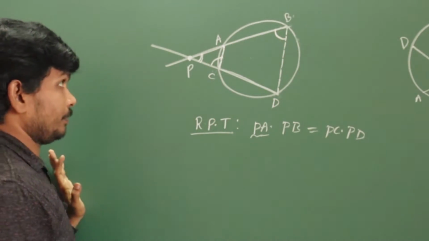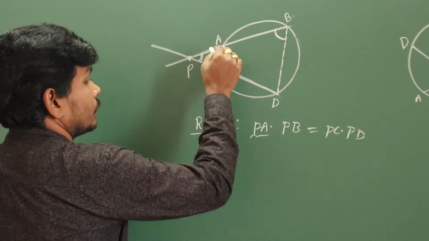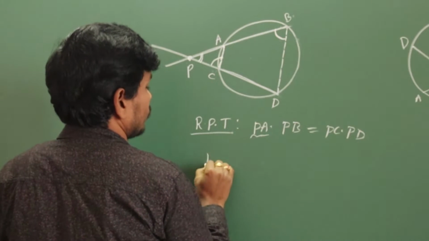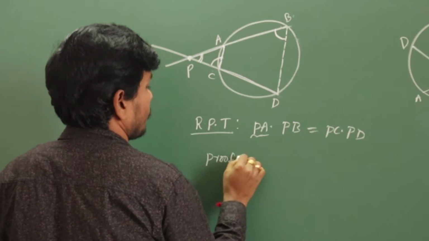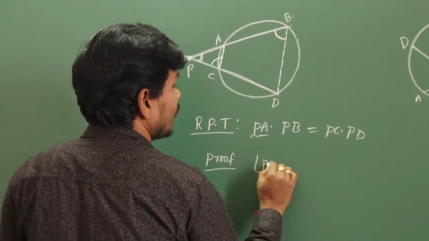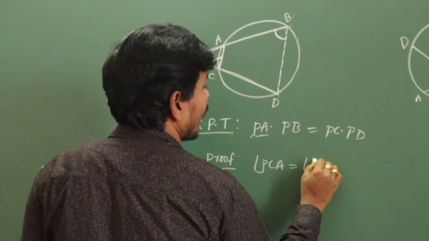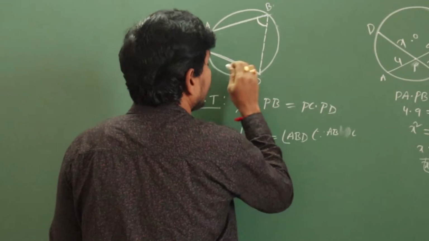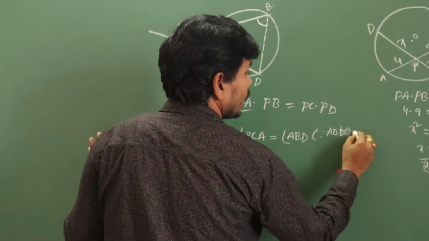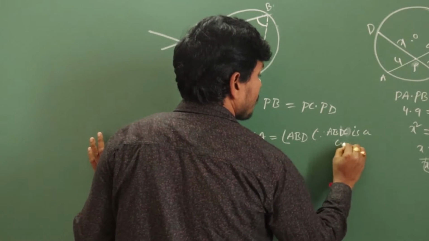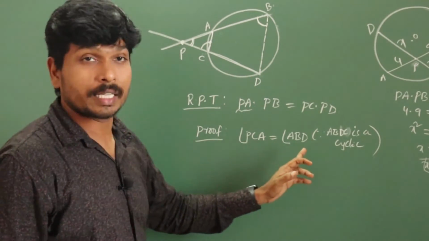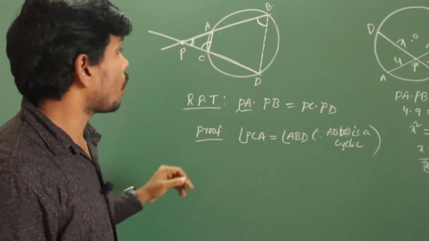So here observe, angle PCA is equal to angle ABD, since ABDC is a cyclic quadrilateral. And angle P is common.